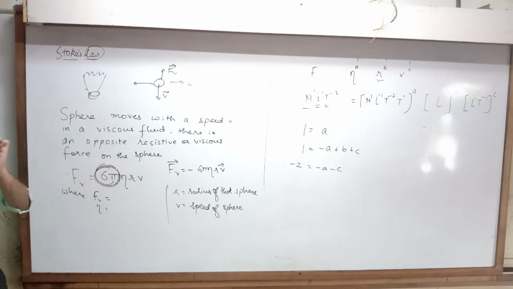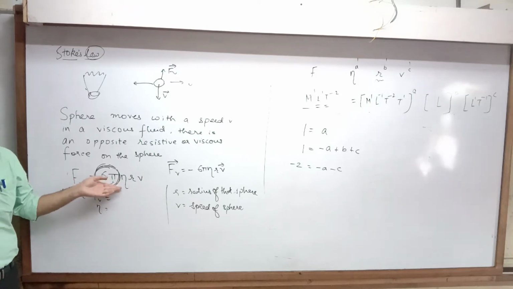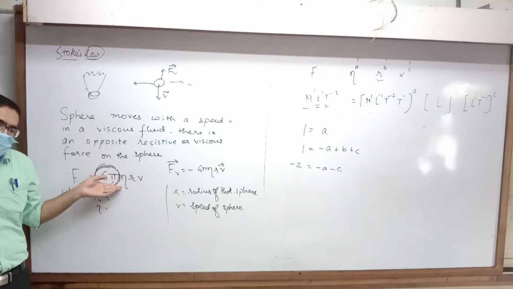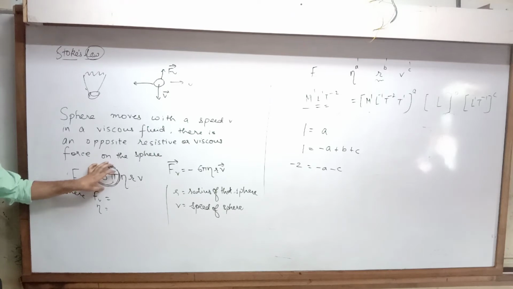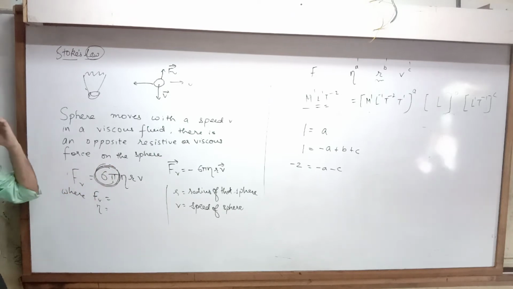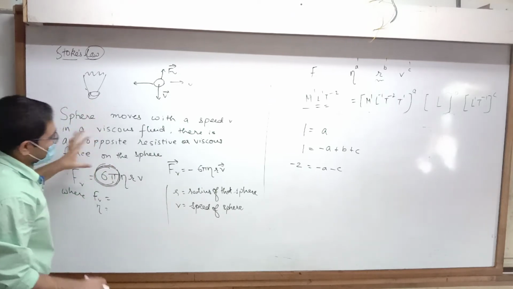Suppose you take some sphere with some known size and you allow it to fall with some speed, and you take water, let's say. Then water has a known coefficient of viscosity, you find out how much force is acting, and if you measure it, you get this constant.